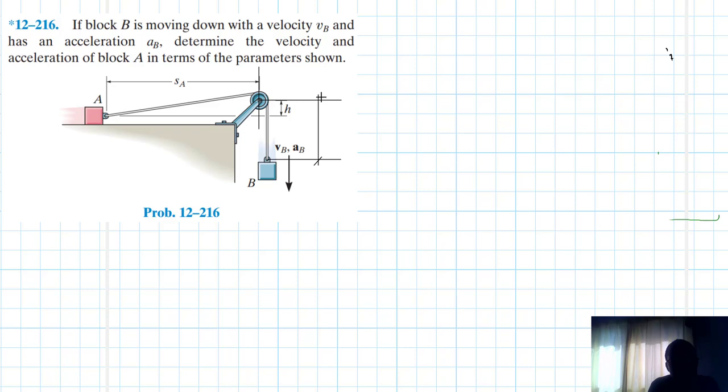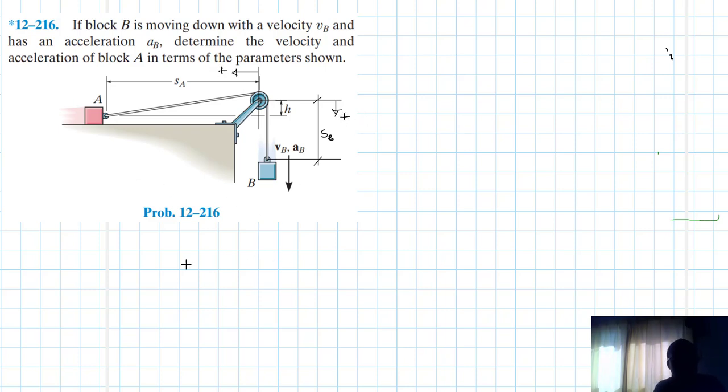All right, so we are going to call this SB. This is our positive direction and this one is our positive direction.